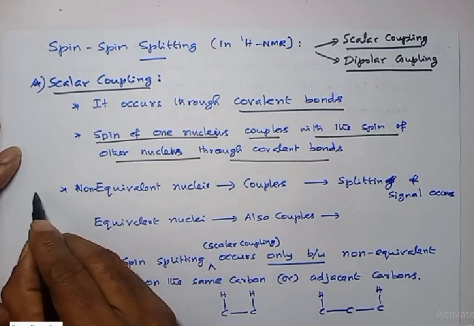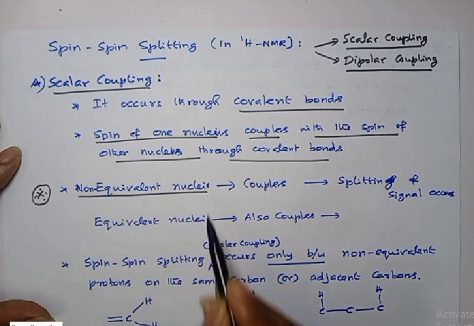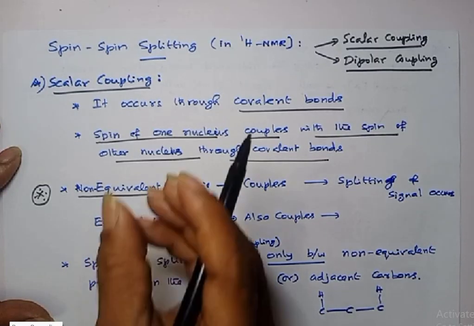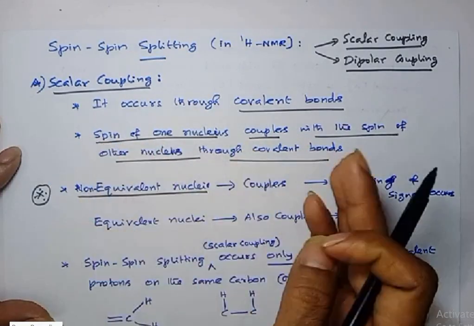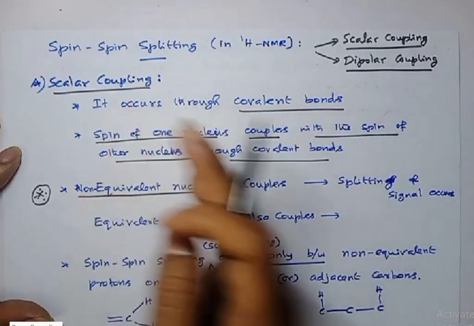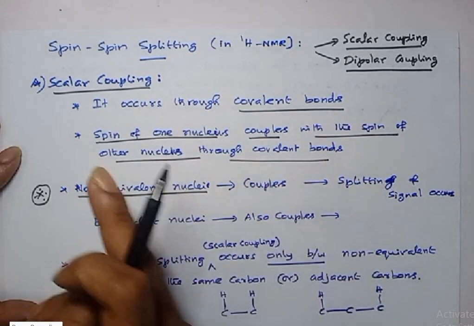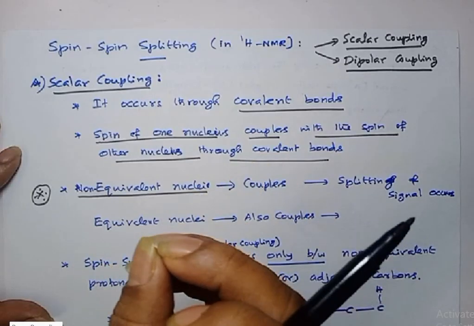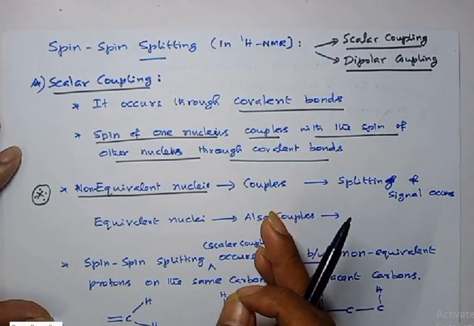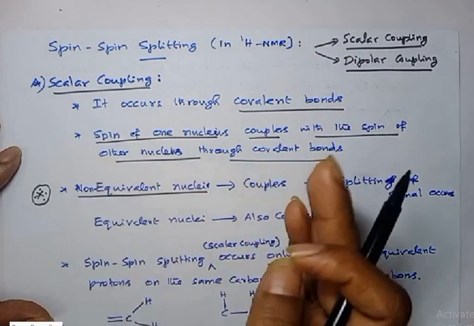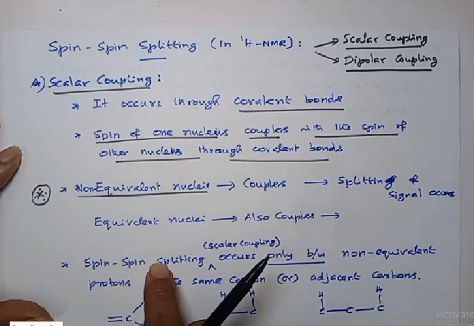Then this is a very, very essential point. Keep this in mind. Non-equivalent nuclei. See, one nucleus and the other nucleus, suppose they appear at different chemical shifts. Observe carefully. If 2 nuclei are active in the NMR and they give signals in the NMR spectrum, and suppose their chemical shifts are different, then we call them non-equivalent.